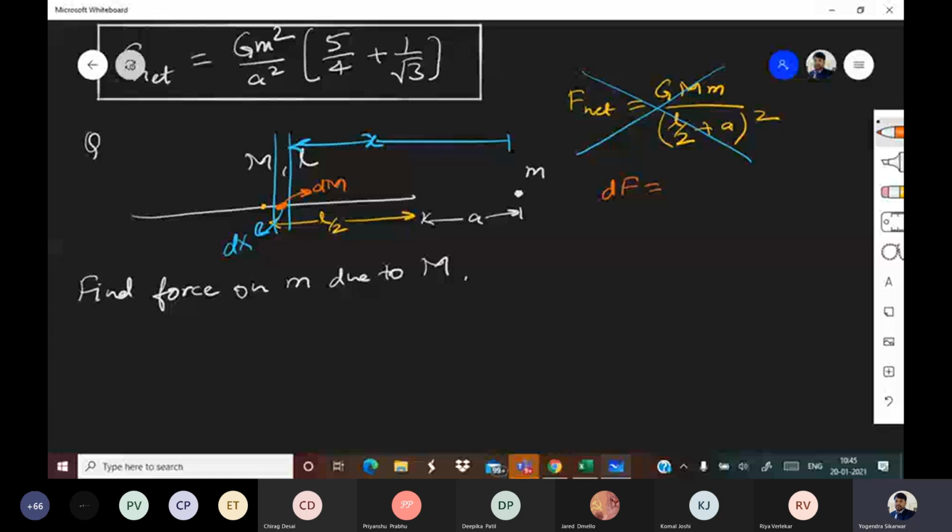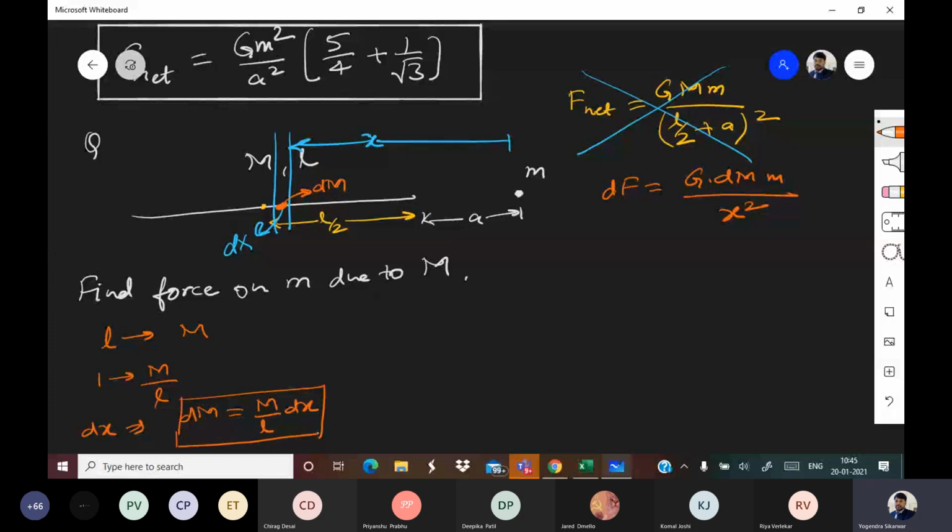The question comes in front of us, how much is dm? So pay attention. In L length, mass is M. In unit length, mass will be M by L. So in dx length, mass dm will be mass per unit length into length.